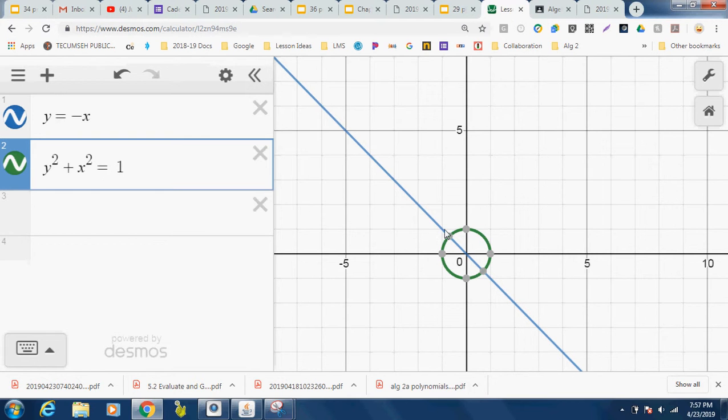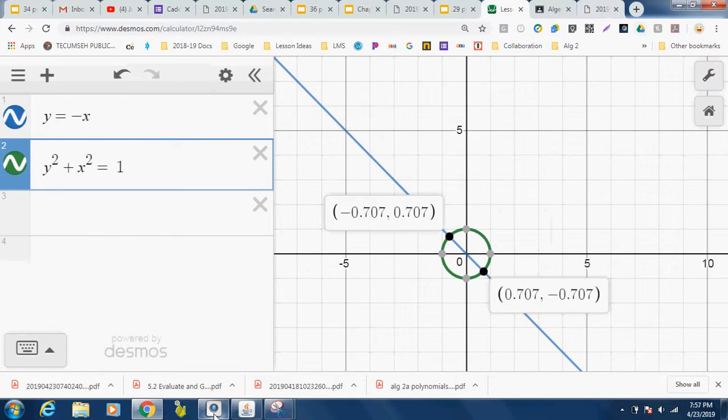Okay, get that circle. And if we look, the x values where that occurs, it's at 2 places. It's at positive and negative 0.707.